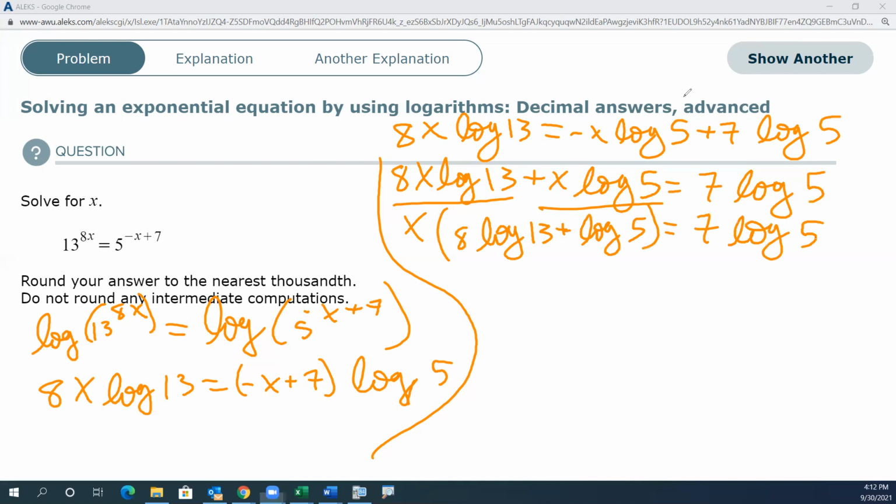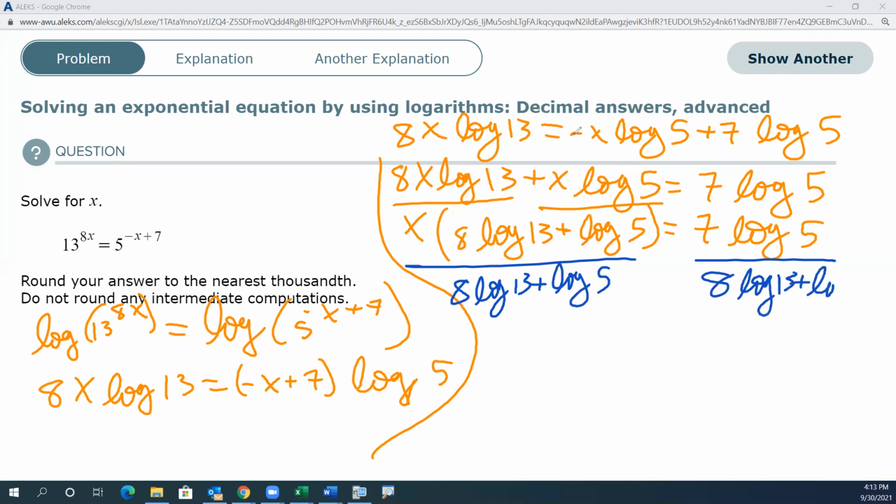And now only one step left. We will divide both sides by whatever's being multiplied by x. Because remember, you can plug all of that into the calculator and just get a single number. So it's really just a number times x. So we'll divide by 8 log 13 plus log 5 on both sides.